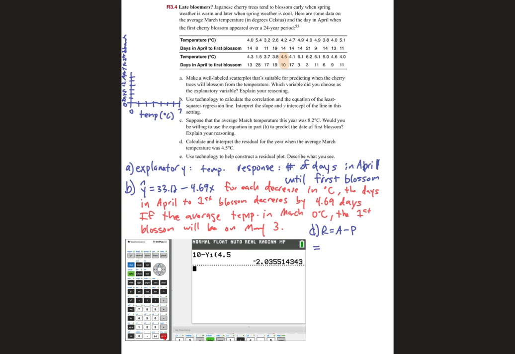Okay, so yeah, the predicted is 12.015. Really, what am I doing? The actual is 10. The predicted actually must have been 12.035. Okay, and then we can see our residual is this, so negative 2.035.